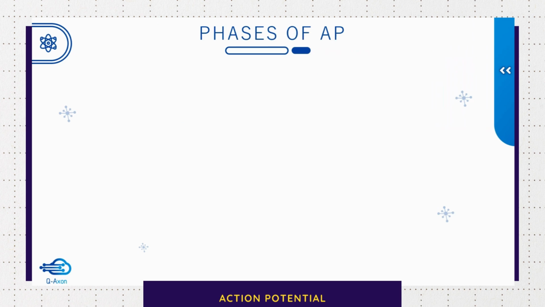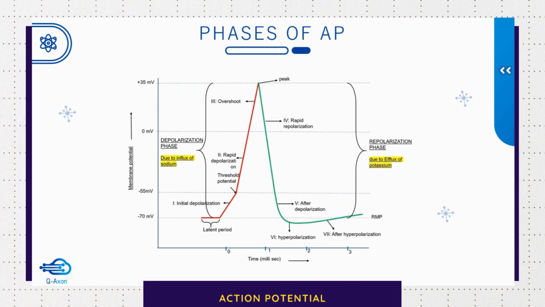Now let's represent these different phases of the action potential on a graph. Now this is the action potential recorded from a nerve. So the resting membrane potential is minus 70 millivolt. So this is where we begin. Now, if you apply a stimulus of adequate strength, the nerve is going to respond with an action potential.